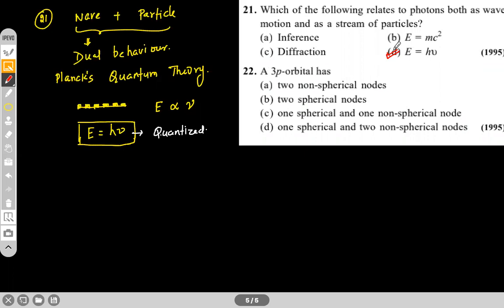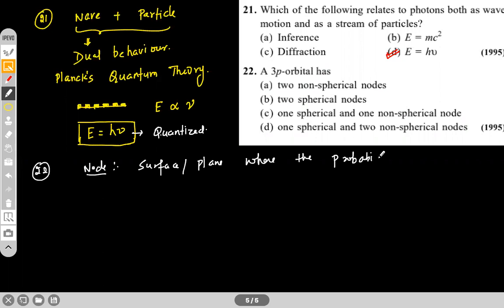Okay. Question number 22. Nodes are the surface or plane where the probability of finding an electron is zero, right?